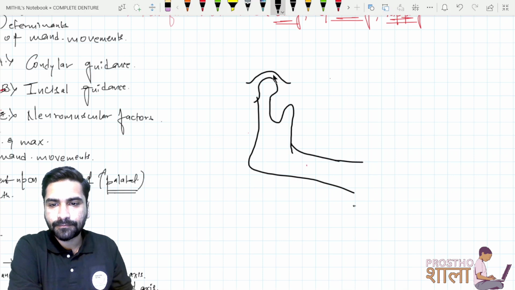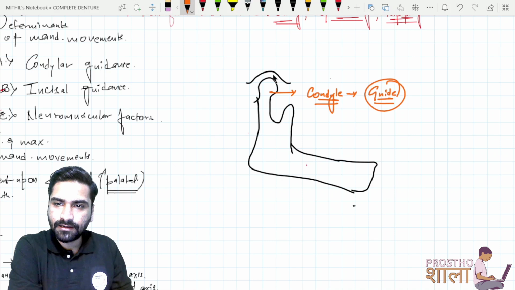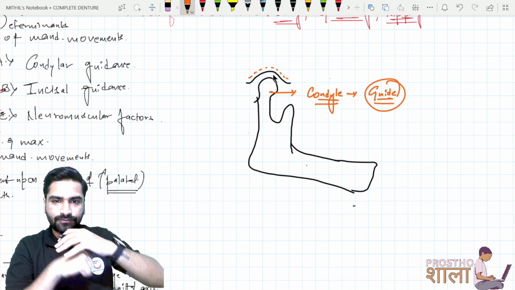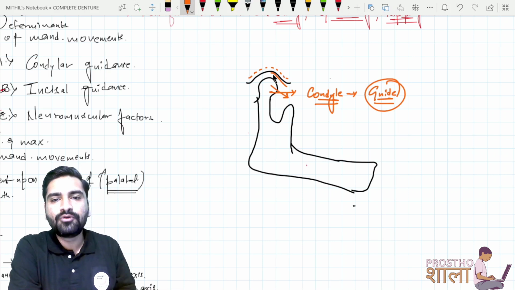So condylar guidance, this is your condyle. Anything which is going to guide the condyle is known as condylar guidance. So the slopes of your articular eminences, that is in your maxilla, the glenoid fossa, right? So the slopes of the articular eminence are going to help in guiding the mandible for its movement, right? Second is the incisal guidance.